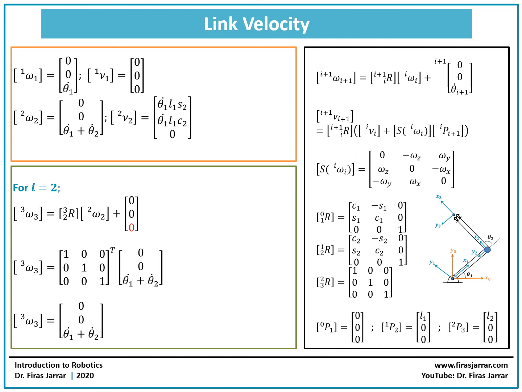The transpose of the identity is again the identity, and anything multiplied by the identity is going to stay the same thing. So this is omega 3, which is the angular velocity of link 3, which has the same value as the angular velocity of link 2.